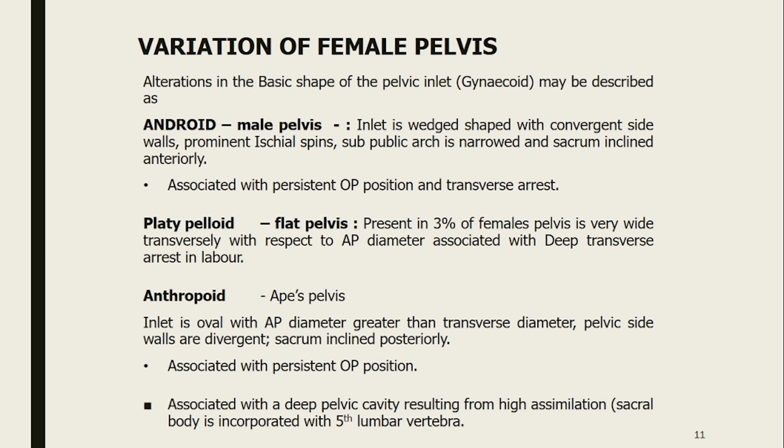But one important thing about the anthropoid pelvis is that it results from high assimilation, whereby the sacral bone is incorporated with the fifth lumbar vertebra. So the anthropoid pelvis is longer than the gynecoid, android, and platypelloid pelvis because of that high assimilation. Also, we can have occipitoposterior position in this type of pelvis.